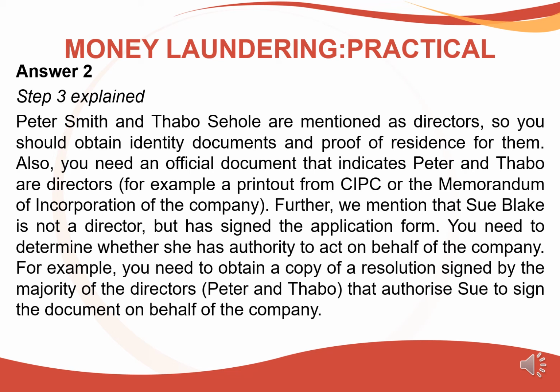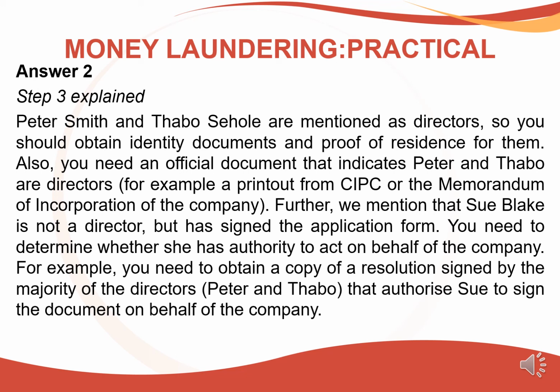Now remember, earlier I told you that you need to establish the beneficial ownership or control of the company. So what is the easiest way of getting that apart from asking for your share certificates? Getting a letter from the auditor for this specific company confirming who the shareholders are for that specific company.